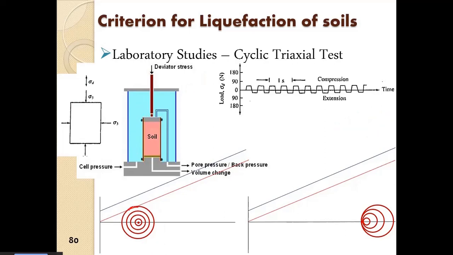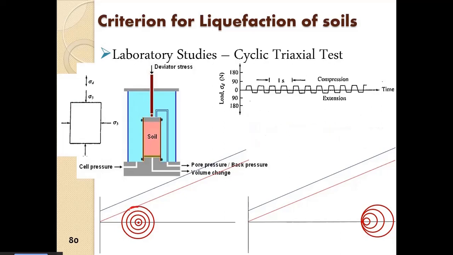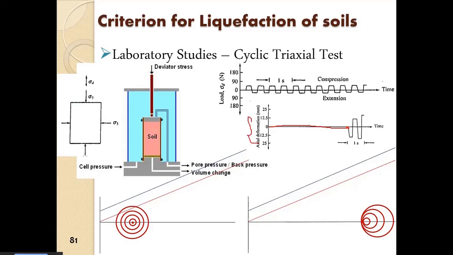And then suddenly, when it starts to reach the failure condition, you see there is no axial deformation for the initial cycles. As soon as it reached here, the axial deformation started. As it goes on, we have total liquefaction.